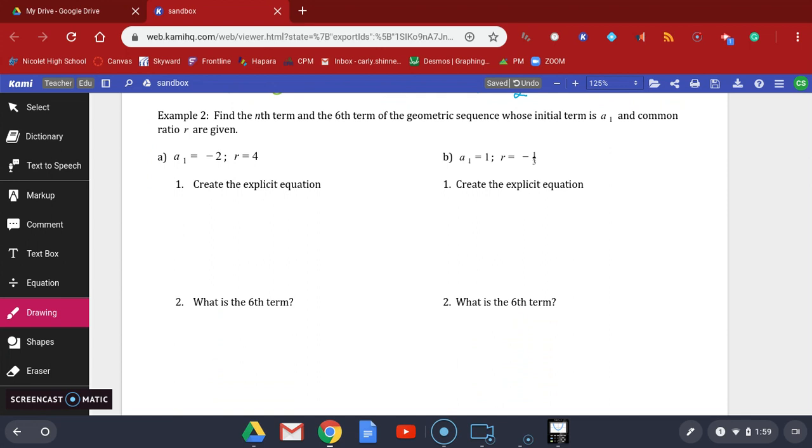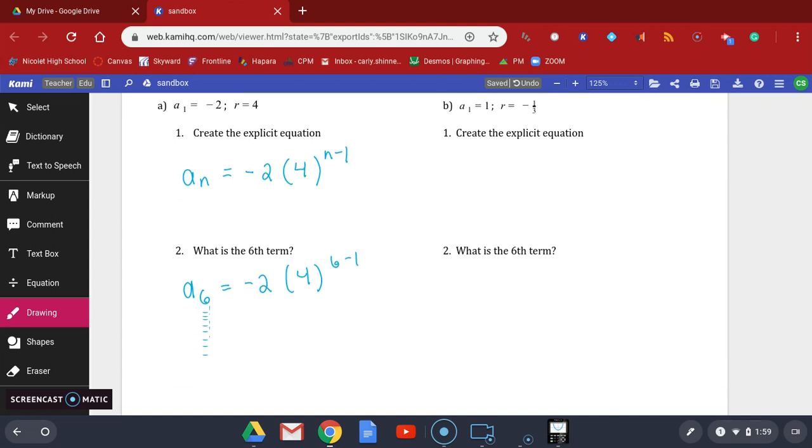Let's build some equations here. So I give you the first term and the ratio. So that would be the equation. I'm just plugging and chugging there. And now I'm going to find the sixth term. So for the sixth term, I'm just going to plug in 6 for n.